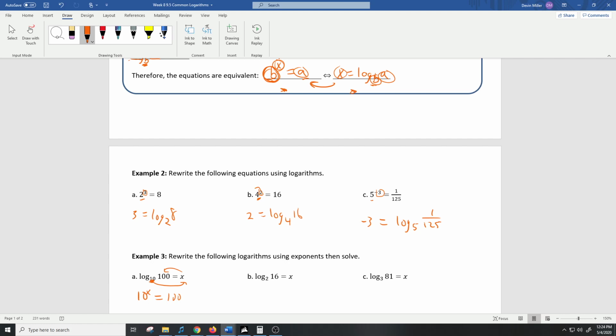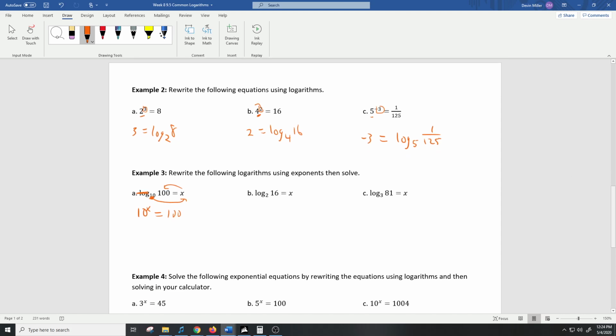It's really easy to actually do this thing, the circle thing, because you just kind of go around it. You start with the base, go around to the other side, and then come back around. When we go to this form, you no longer have to write logs. Only one form has the log written out. So if you start with logs, you don't end with them. If you don't start with logs, like up here, we didn't start with logs, then you end with logs in the answer.